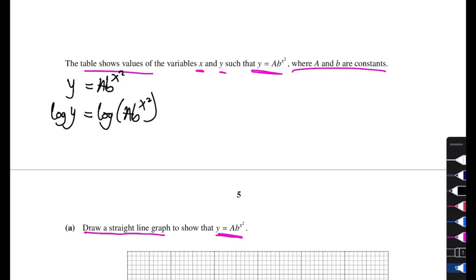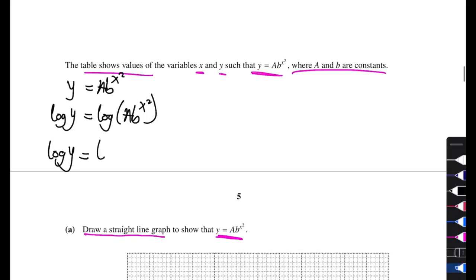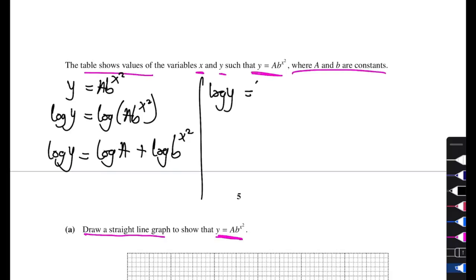Then you apply the laws of logarithm, the multiplication law. So you have log a plus log b x squared. Then you apply the power rule of logarithm, so that becomes x squared log b.